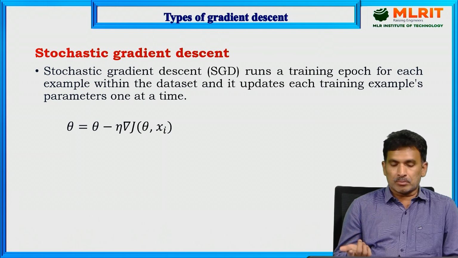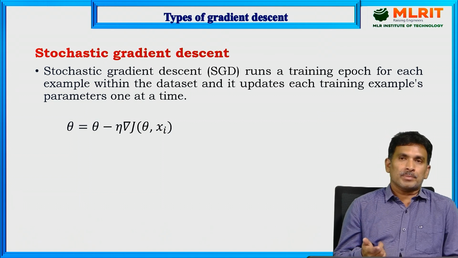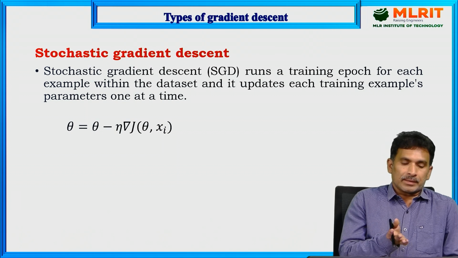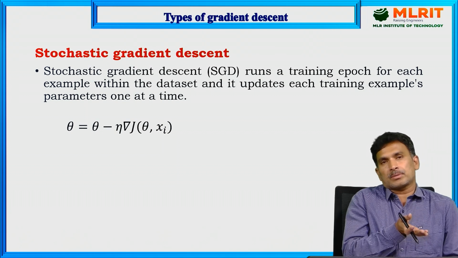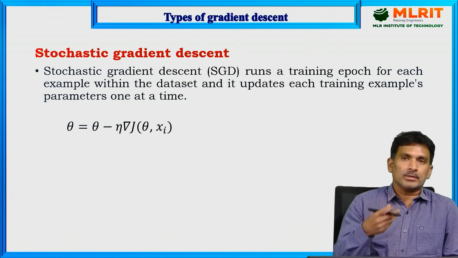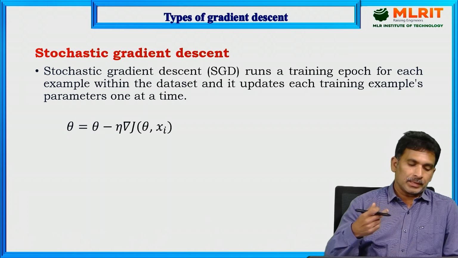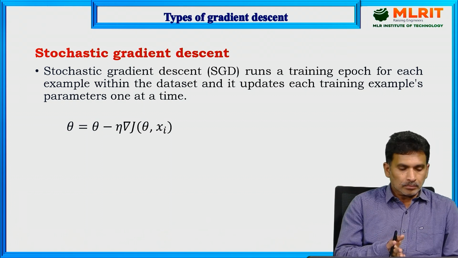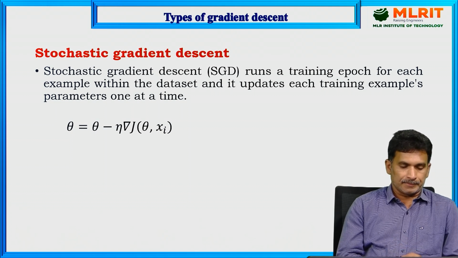So we may not find a smooth curve when we connect all the gradients. That is one observation you can easily understand.